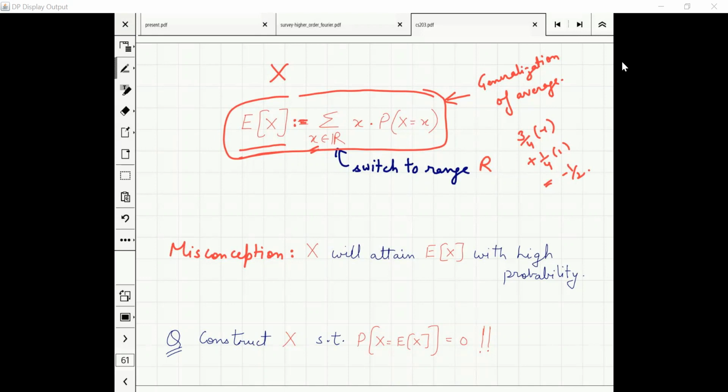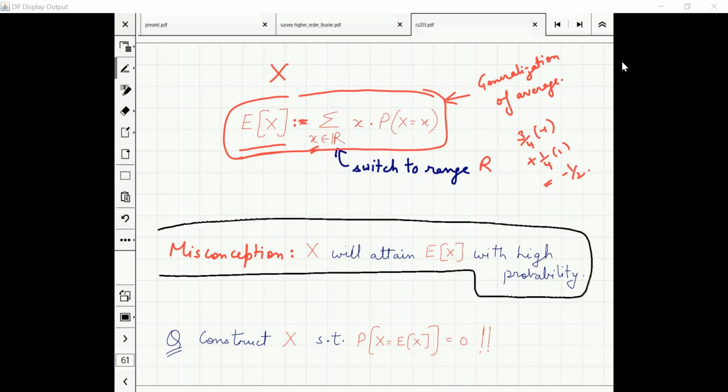Now, the way I have introduced it and the way it is in the books, many a times people have this misconception that X will attain E[X] with high probability. And that's clearly not correct, right? Can you construct a random variable such that X never attains the value expectation of X?